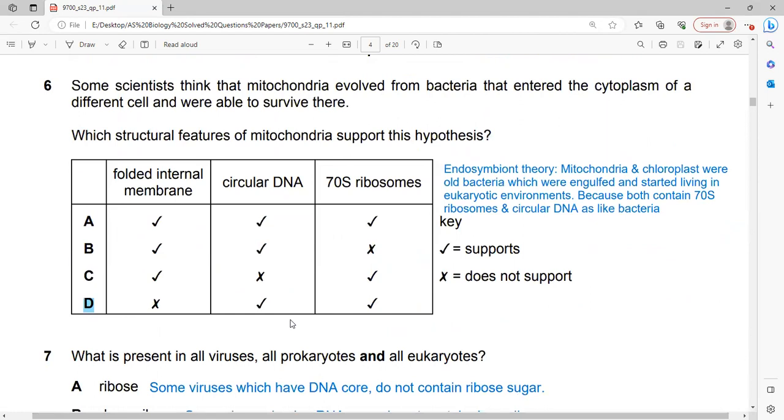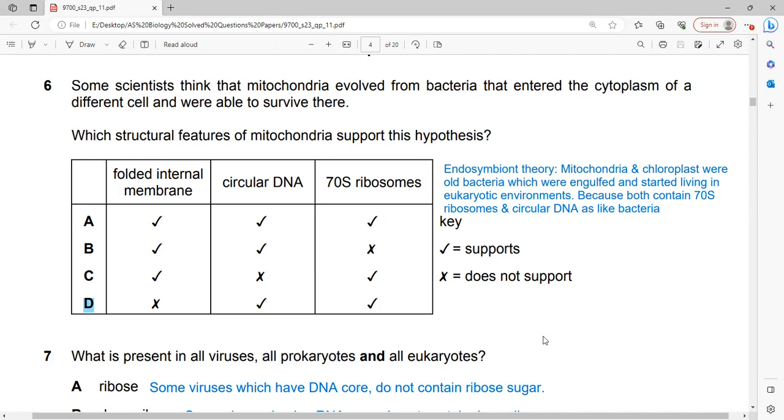Some scientists think that mitochondria evolved from bacteria, and they entered the cytoplasm of different cells and were able to survive there. Which structural feature of the mitochondria supports this hypothesis?